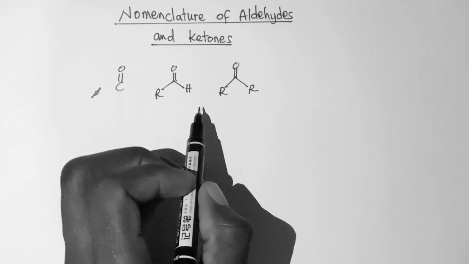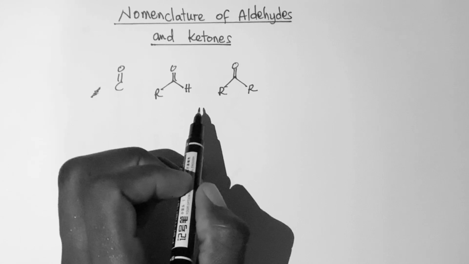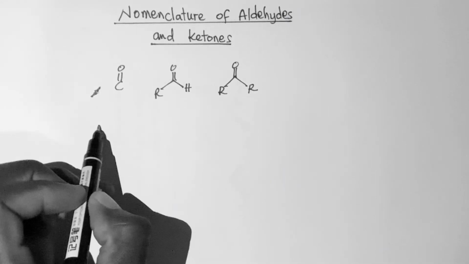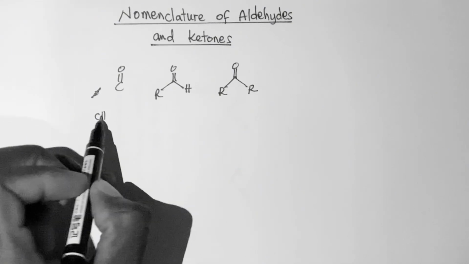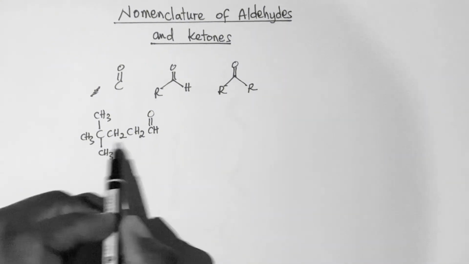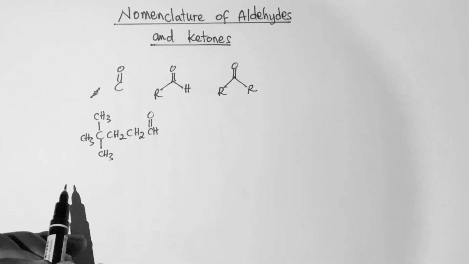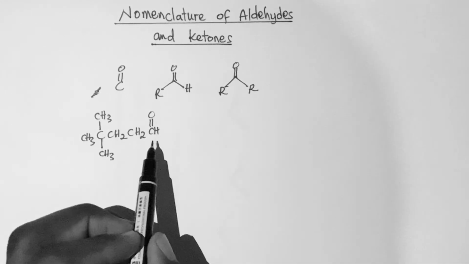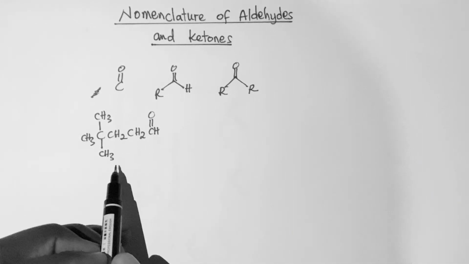So let's start with the naming of aldehydes. Let's assume we have this kind of compound. How do we name this compound? The first thing we need to do is to identify the parent chain.